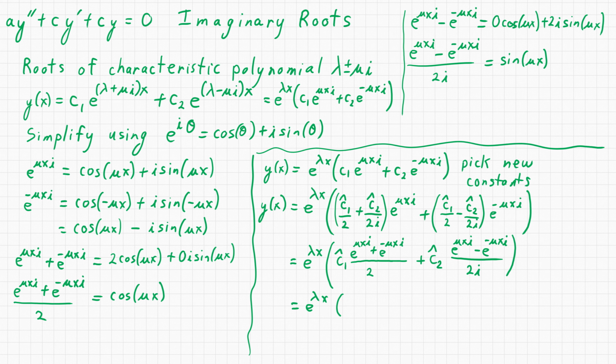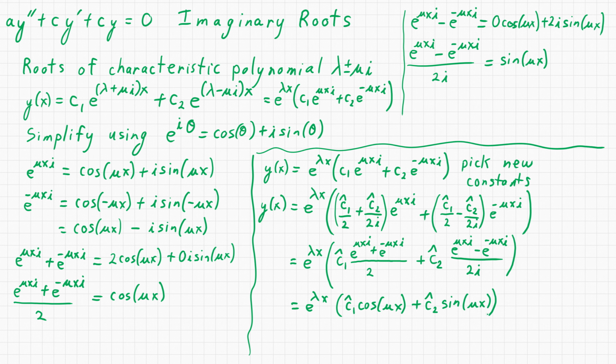So I can write this as c1 hat cosine of mu x. And e to the mu xi minus e to the negative mu xi over 2i, well, that's just sine of mu x. So I can write this as plus c2 hat sine of mu x.